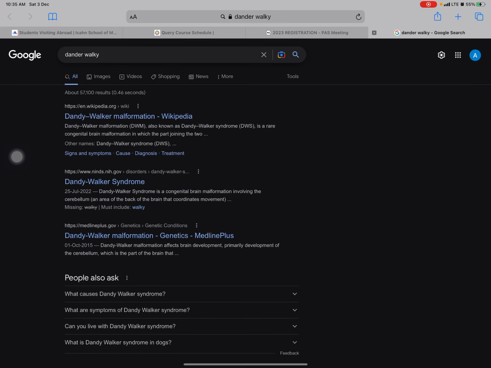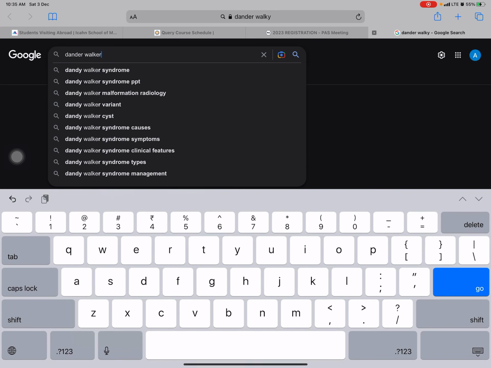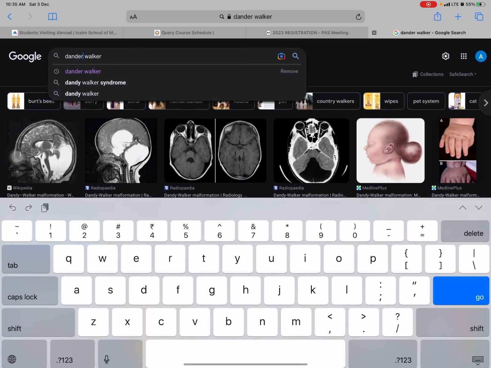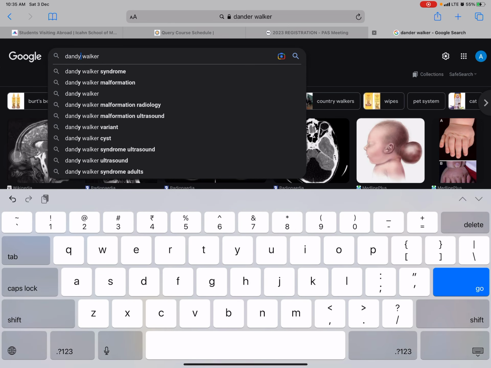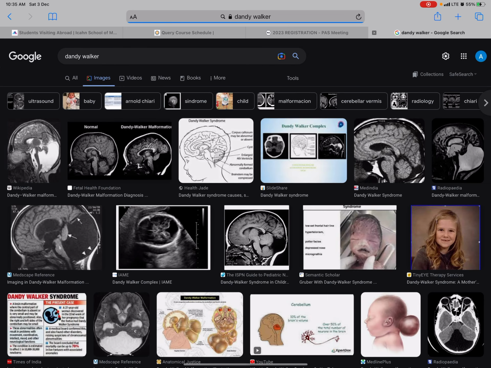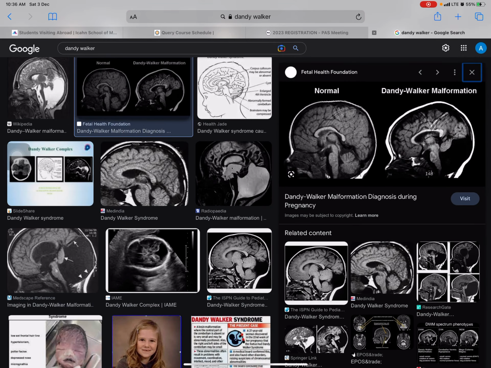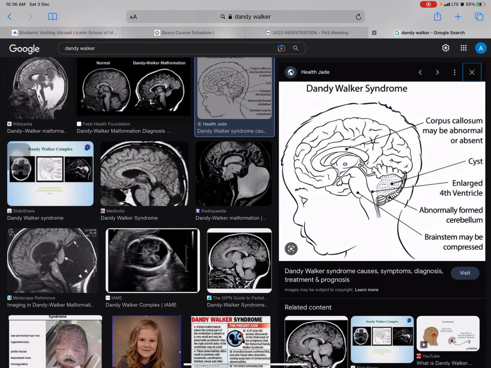Yeah, you can see here we have a cyst in the posterior cranial fossa. We're going to have no roof, an enlarged fourth ventricle.